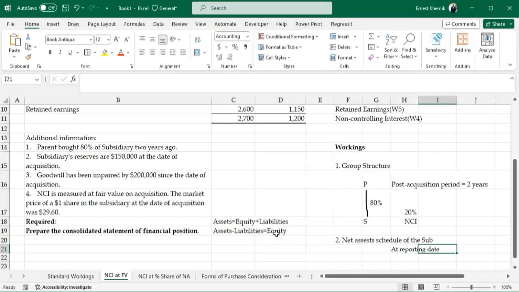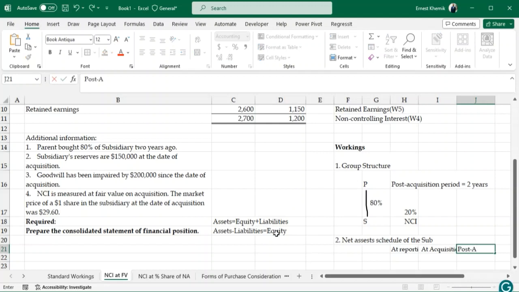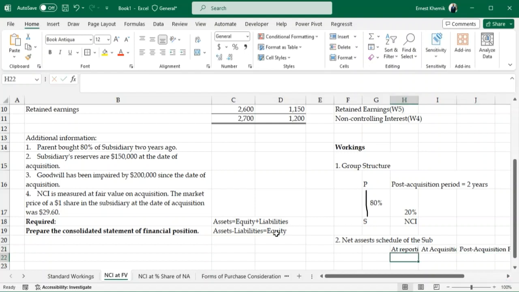We are also going to have it at the acquisition date, as at the time the subsidiary was acquired, so that the difference between these two figures will give us our movement in this net asset, which is called the post-acquisition profit. All right, so we have these three columns here.